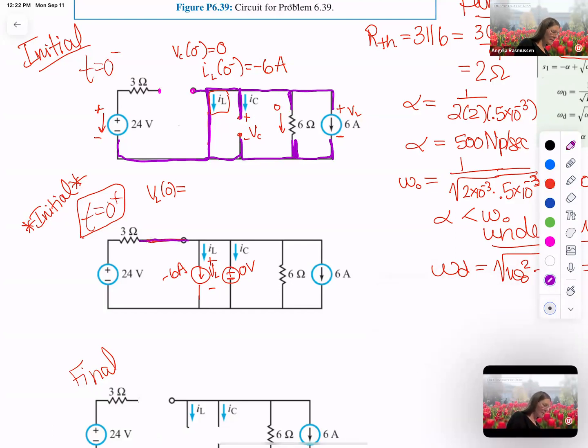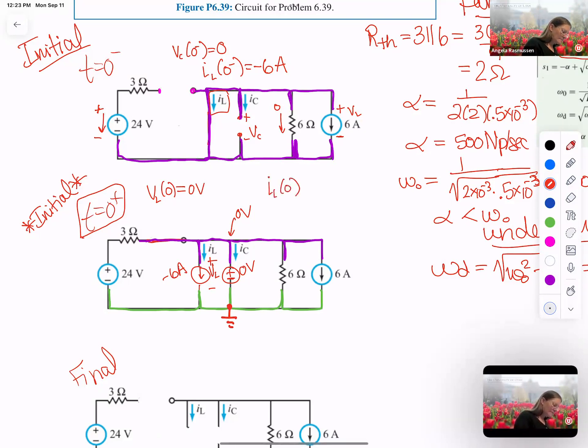If I mark these, I note that, again, this is all the same wire. Do I know what the value is here? 0 volts, correct. And VL is from purple to green. So what will that be? Also 0 volts, correct. So there's your initial value for VL.